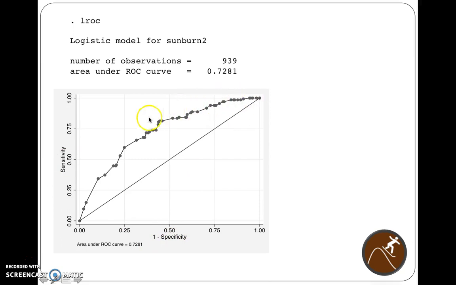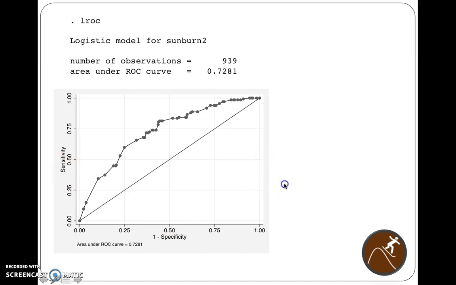Remember, above 0.7 was acceptable, and 0.7 to 0.8 is kind of like fair. It's not really that great, but it's acceptable. So this model has acceptable discrimination in terms of its ability to properly classify people or predict people who had sunburn and properly predict people who did not have sunburn, dealing with maybe the specificity versus the sensitivity.